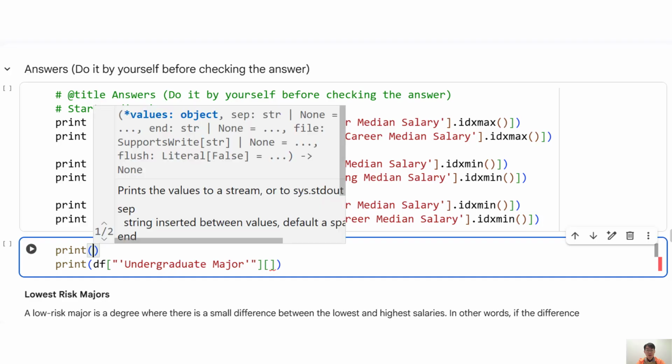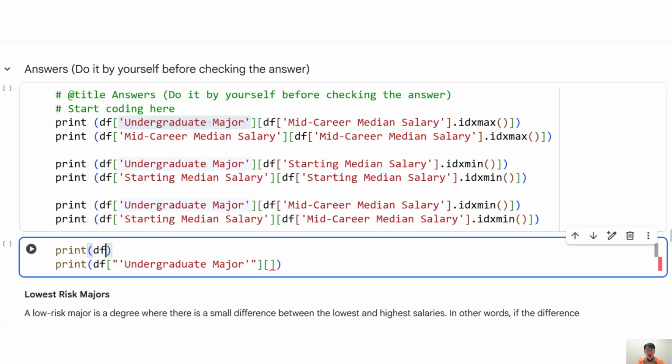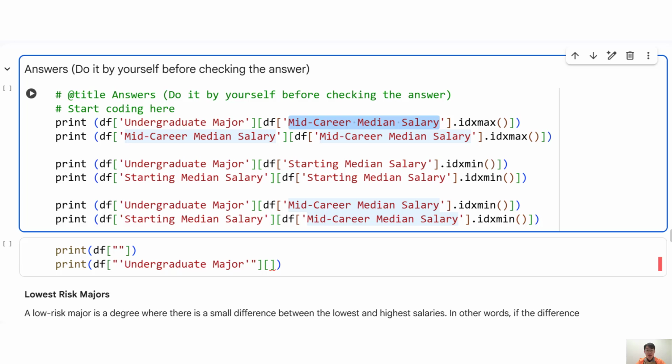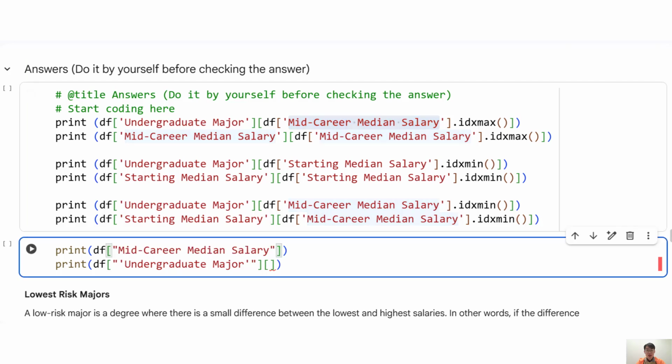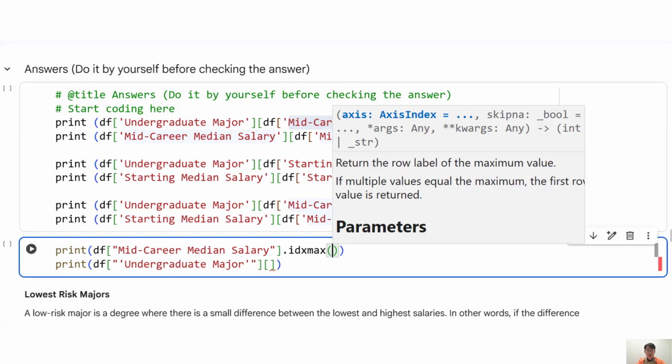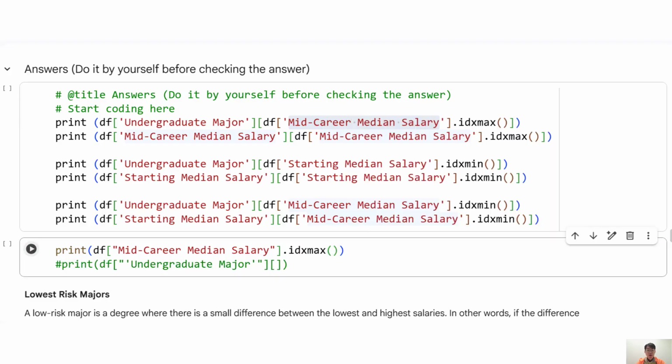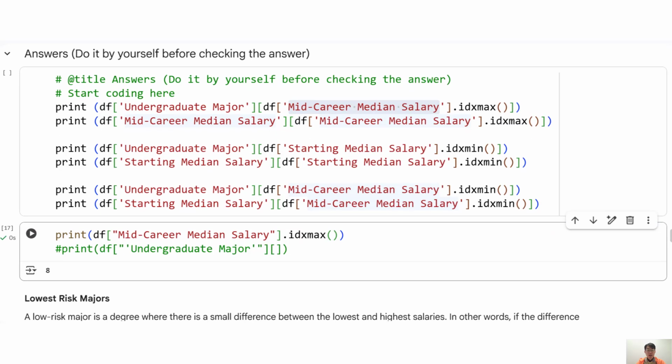So this line of code can be decomposed into printing mid-career median salary, and here if I put idxmax, okay, and let me comment out this code. Of course, it will give you the number 8. So number 8 means that the position, the location of the greatest number in this column is 8, index 8.